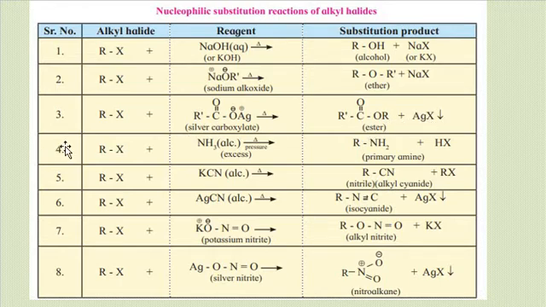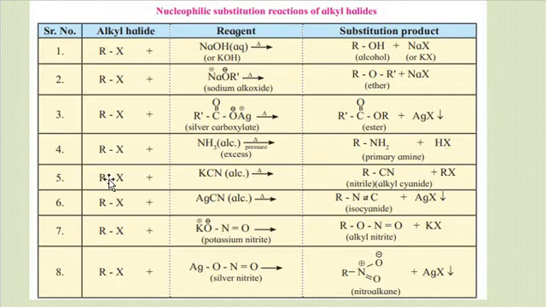Next reaction, if we are treating alkyl halide with alcoholic ammonia under pressure, it would be heated. Ammonia would be taken in excess. What will happen? NH2 group will be attached to the alkyl group to give you amines, which are primary amines, and HX is a byproduct.